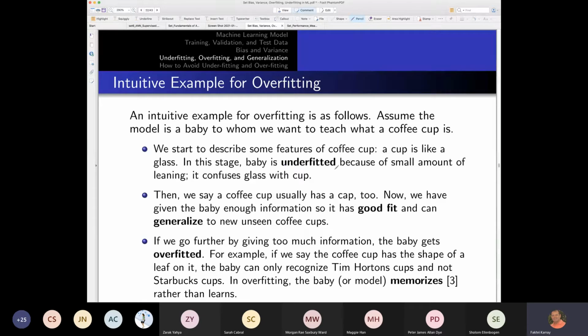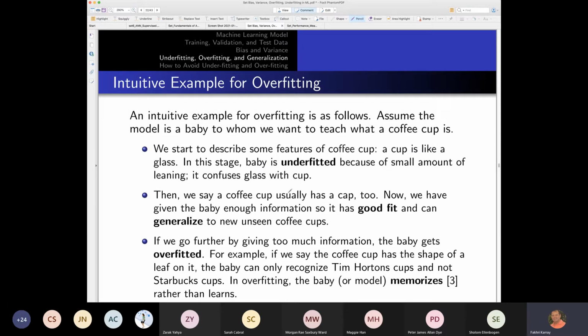So a baby here is a human, but it could also be a machine learning model at its early stage of learning. So we start to describe some features of a cup. So we say a cup is like a glass. In this stage, a baby is underfitted because of a small amount of learning. So it starts confusing the glass and the cup.